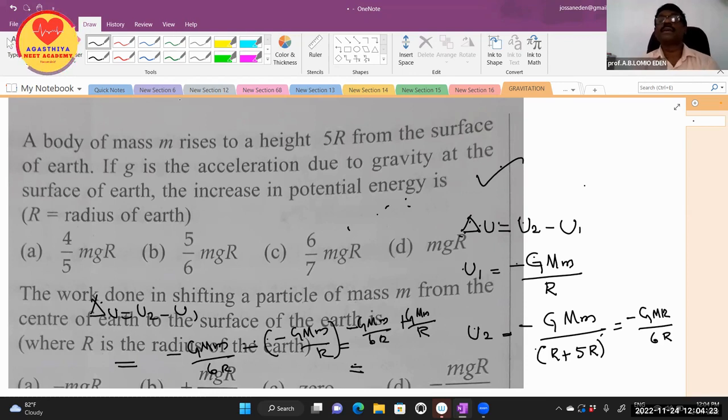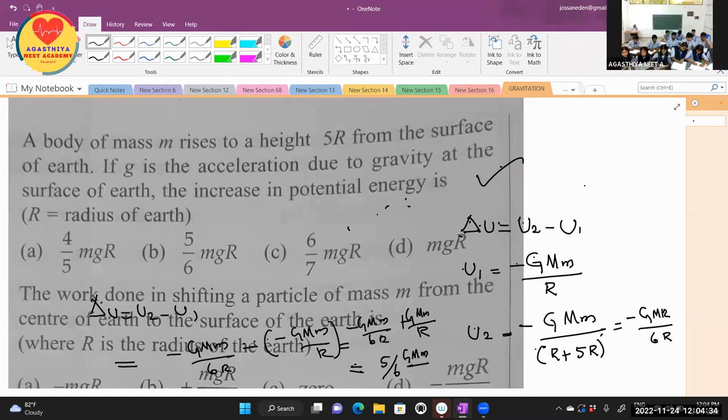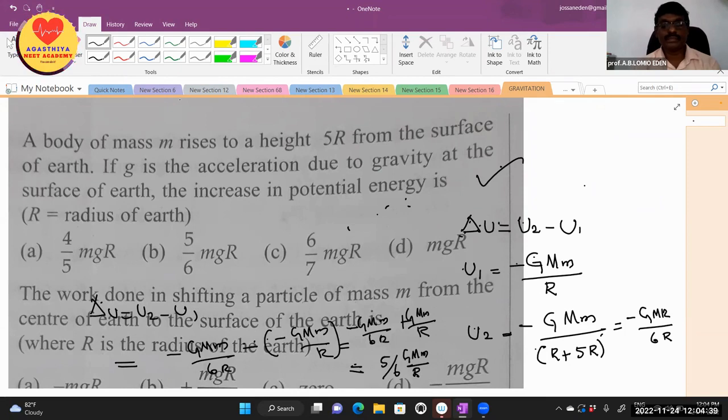One by 6 minus 1 is what? 5 by 6 G M m by R. Correct?